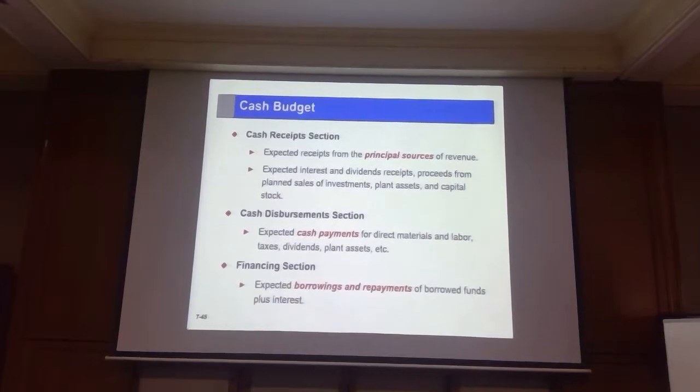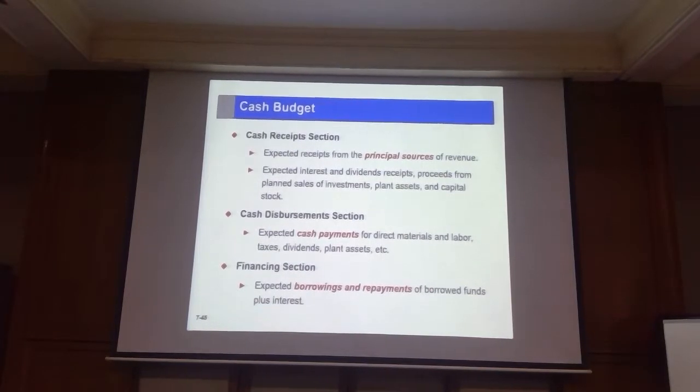Okay, let's see. For the first part, the cash receipt section. In this part, it will show you the expected cash that you will receive from the principal source of revenue. Think about if you have sales, right? Your sale can be either cash sale or credit sale, right? So we need to think about, from the sales that you show, how much cash that you will generate from the sales, okay?